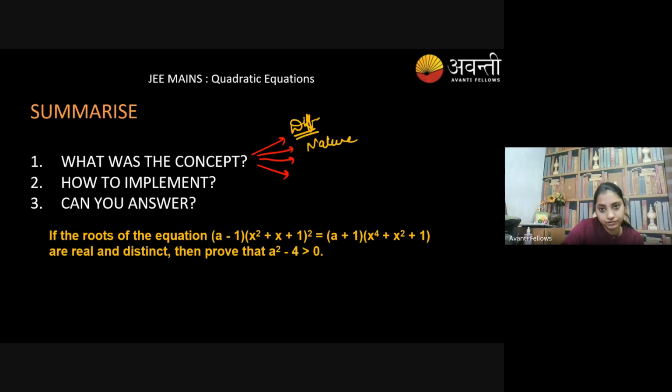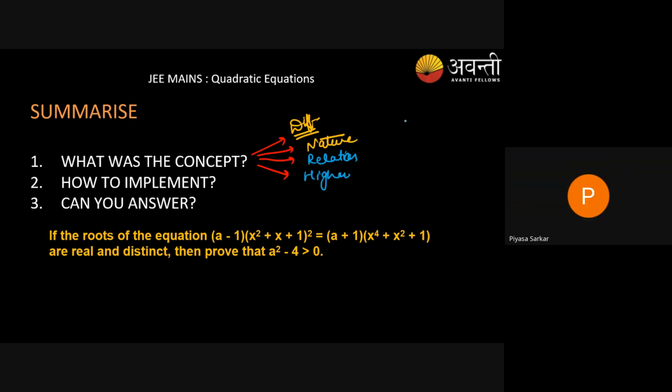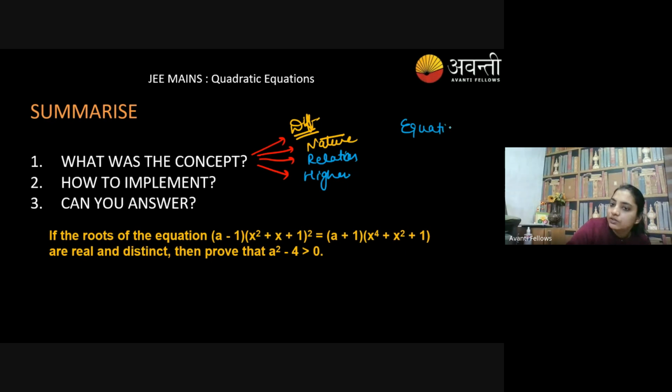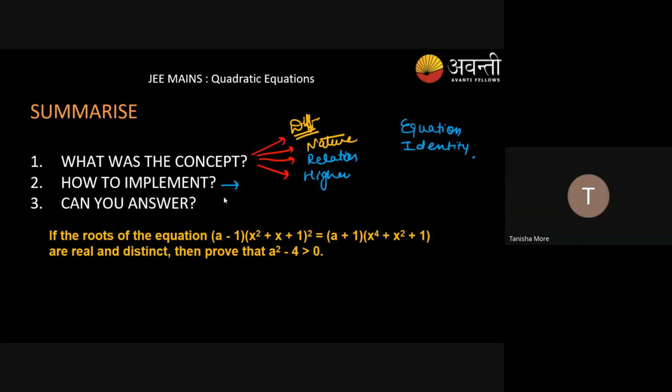Then the relation between roots, higher degree relation, right? Then you learned how identity is different from equation, right? Can you implement these concepts in your JEE questions? Yes, ma'am.